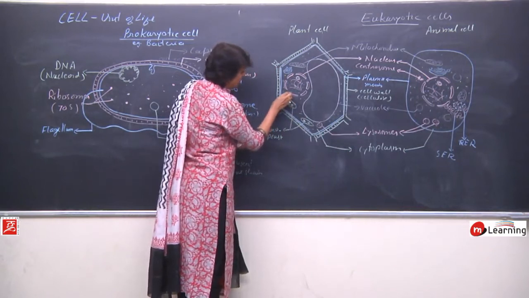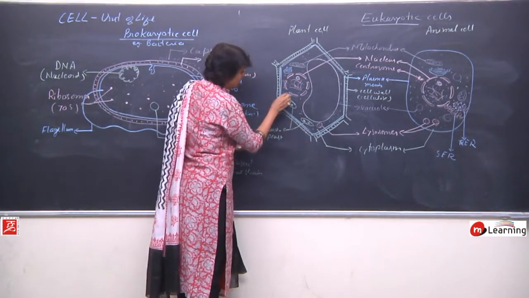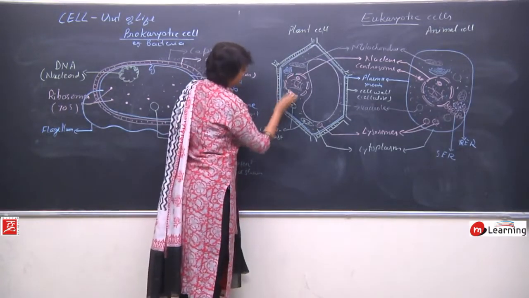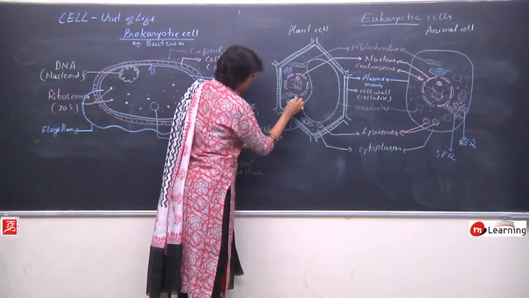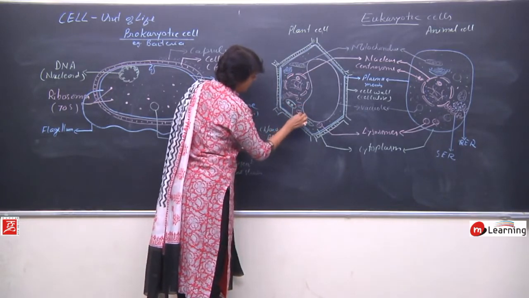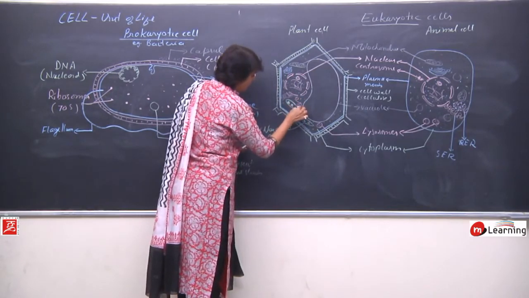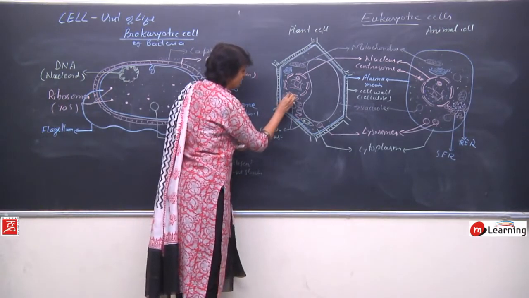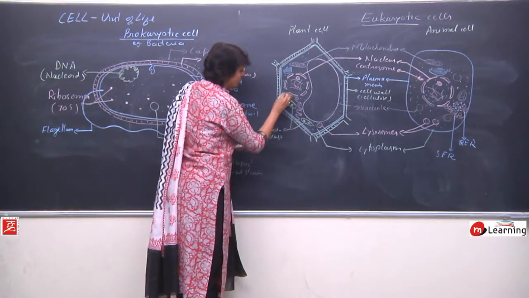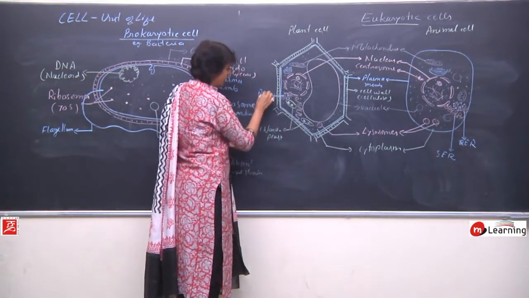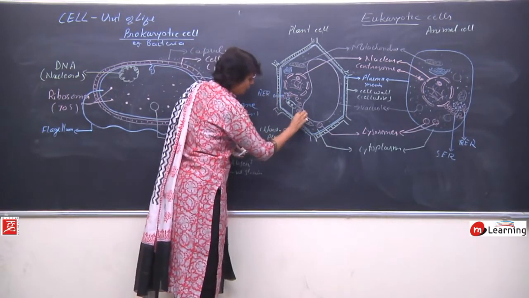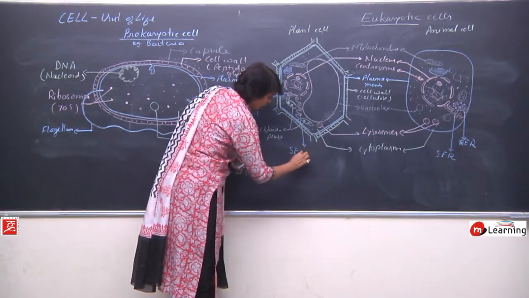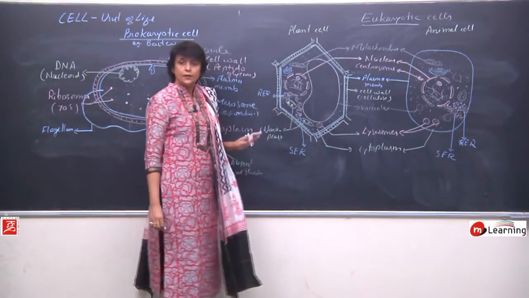So, here again the endoplasmic reticulum, a network of tubes, and let us draw one more. The one which is studded with ribosome, that means ribosomes are attached on its surface, is the rough one, RER, and the one which is without ribosomes is the smooth ER, smooth endoplasmic reticulum.